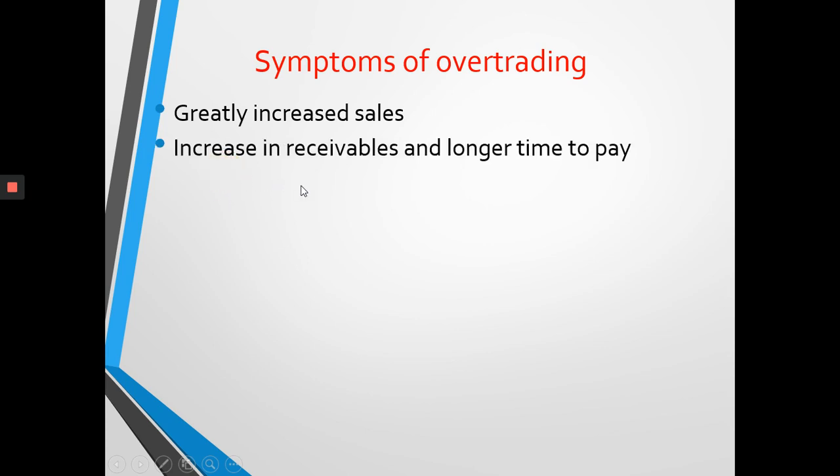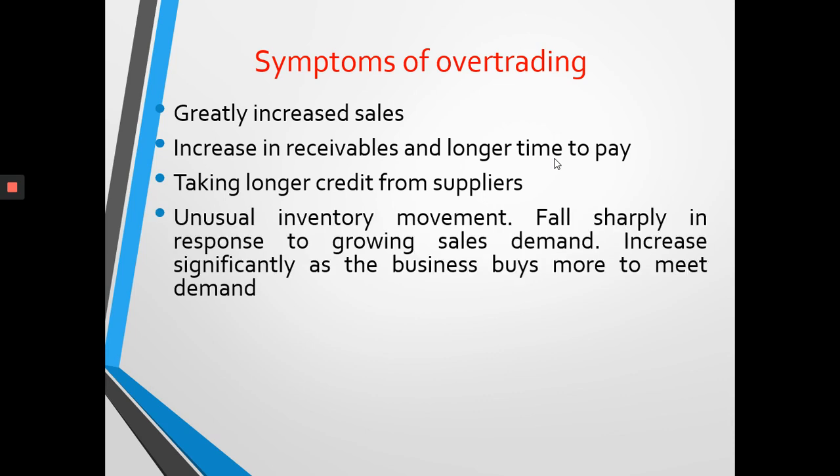The next is an increase in receivables and longer time to pay. You find the receivables amount keeps on increasing. Last year from 100,000, now it's 200,000, then to 500,000, and it shows customers taking a longer time to make the payment. On the other hand, you're taking a longer time to pay your suppliers. That's another indicator.